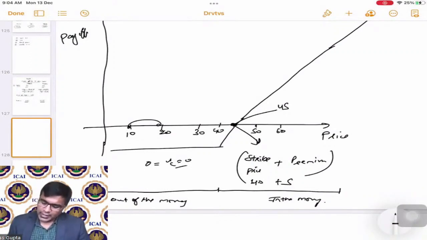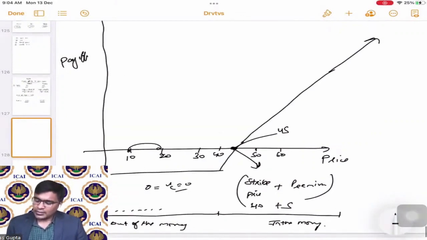Slowly, gradually, it will go up, and finally, once it reaches the at the money stage, this will make delta increase from 0 towards 1, and finally here it will be 1. So the delta here will be 1.